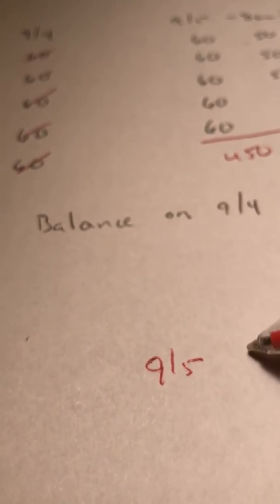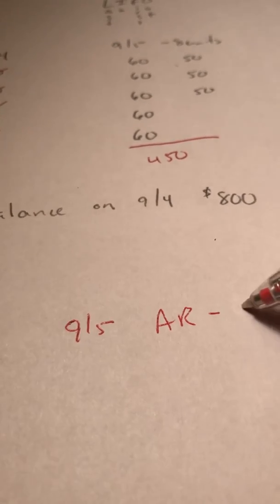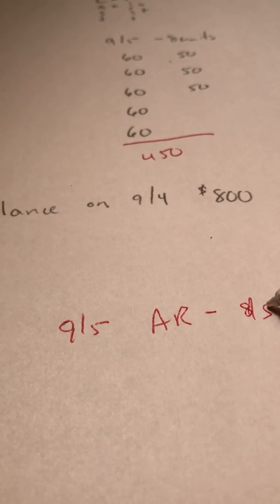Okay? So let's take a look at this. On 9/5, we had a debit to AR, or accounts receivable, for $800.